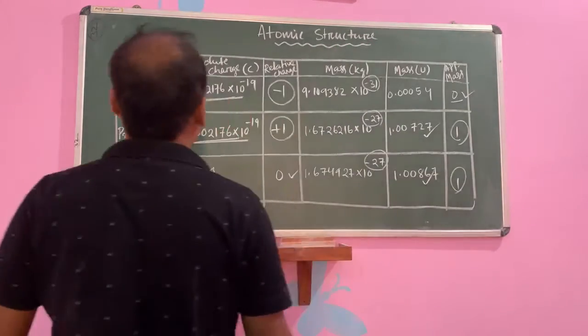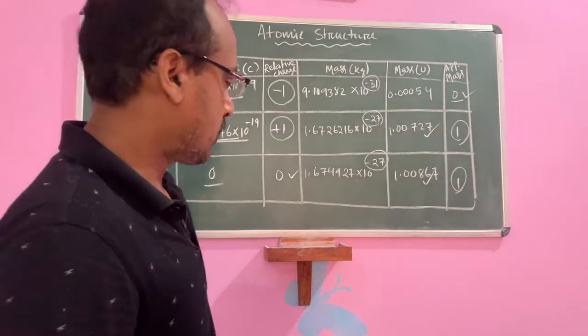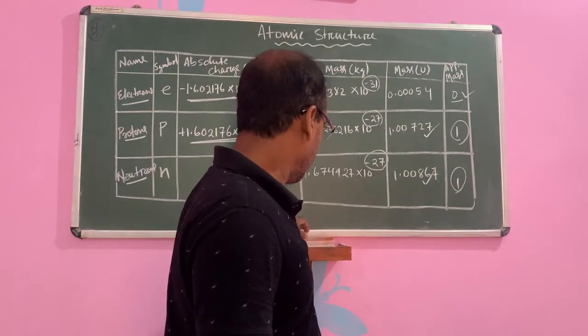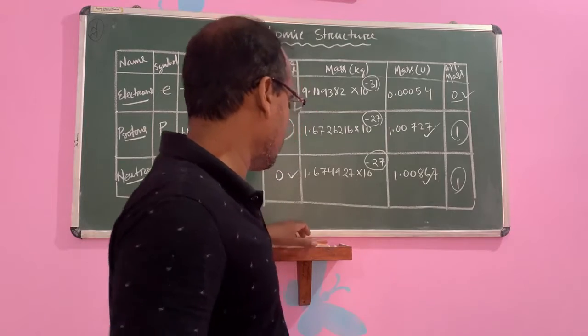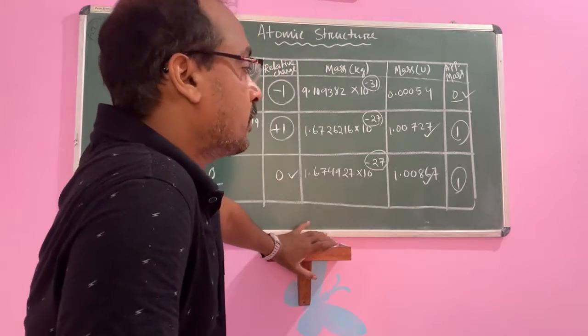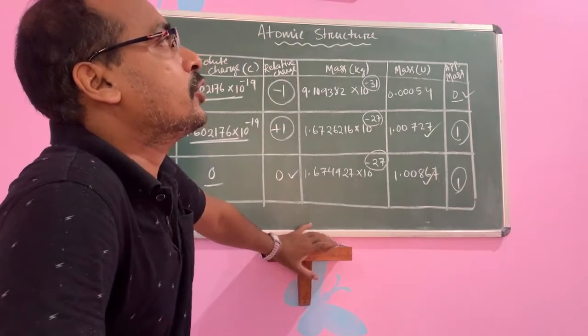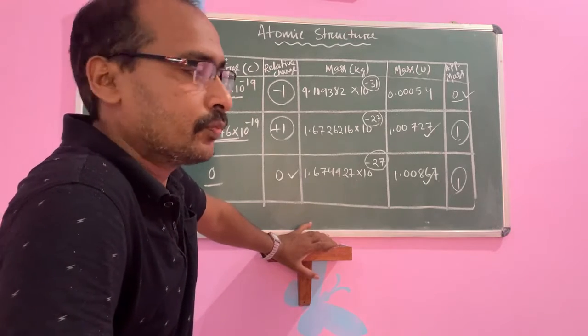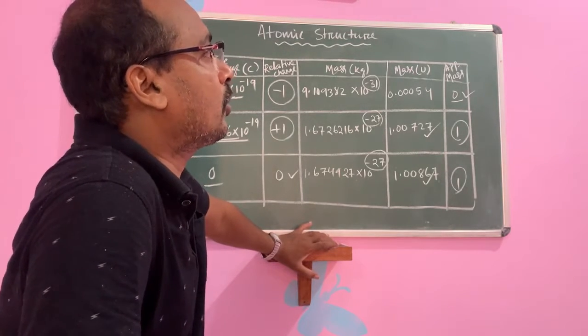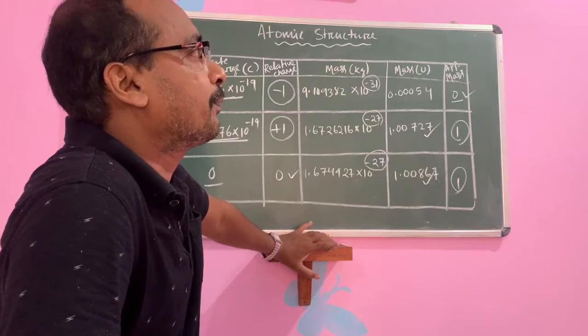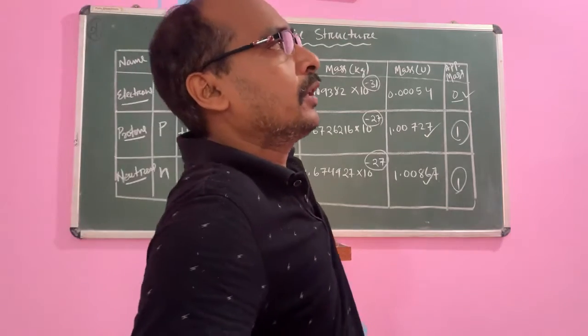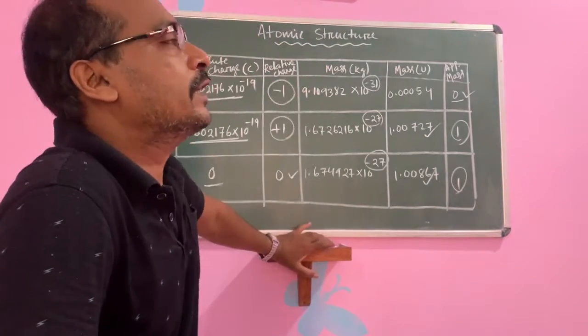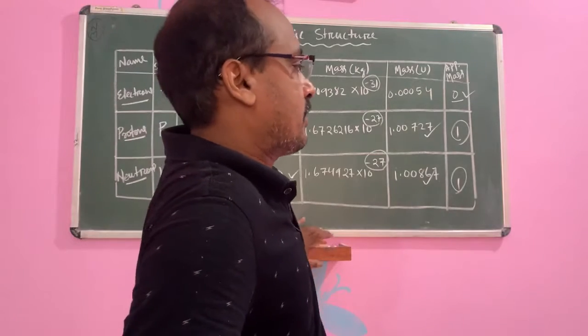These are the subatomic particles, and in the lower classes you have read about them. In ICSE children also read, but not in CBSE, that there is a cathode ray discharge tube. Discovery of the electron by cathode ray discharge tube, by J.J. Thomson. Then discovery of the proton, that is canal rays.